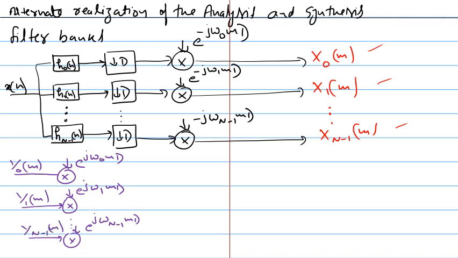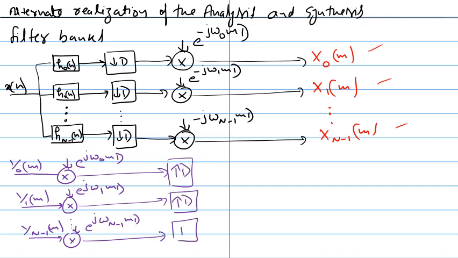Okay. Then what we'll be doing here is upsampling by d, then passing it through the filters. This one is g naught n, and the second one is g1n, and so on, and the last one is gN minus 1 n.